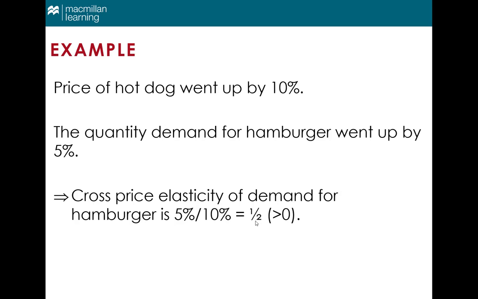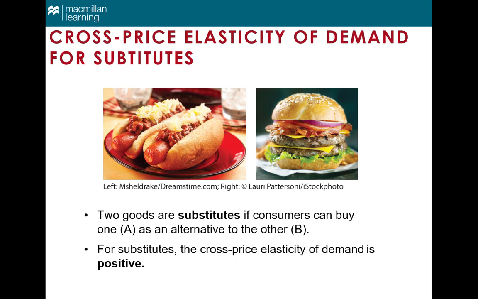So in this particular case, the cross price elasticity is positive. Let's see that this is positive, because it makes sense that the demand for hamburger goes up when the price of a hot dog goes up. Why? Because people will easily switch to hamburger when there is an increase in the price of a hot dog.